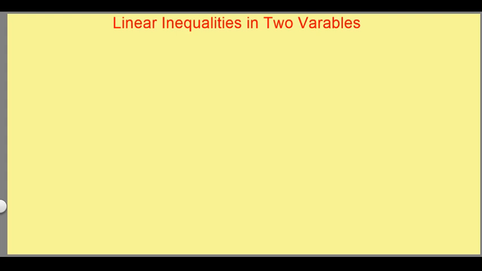We should be able to draw the graph of linear inequalities involving two variables. And we should be able to determine a set of points that satisfy a given set of linear inequalities involving two variables.